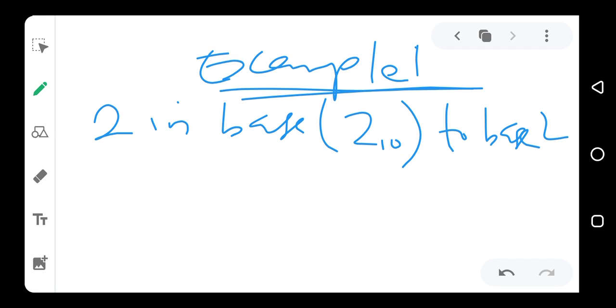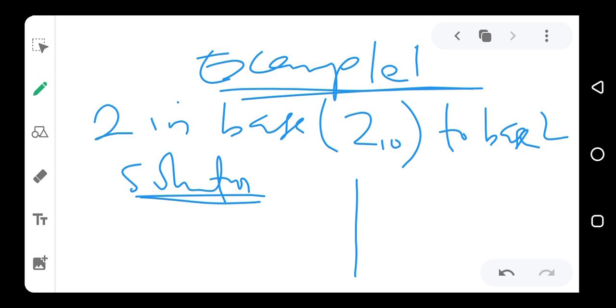The solution: what we have to do is to divide 2 by the base. The base we are working with is base 2. So 2 is the base, and this is the number we are dividing, and this is our remainder.